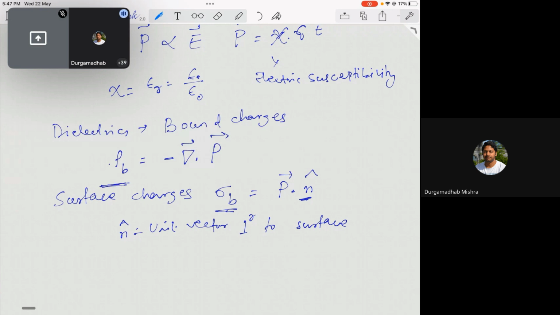The bound volume charge is given by the relation minus del dot P, the divergence of polarization. And the surface charge is simply the component of P that is perpendicular to the surface. Both of these charges contribute to the total electric field or total potential within the material.